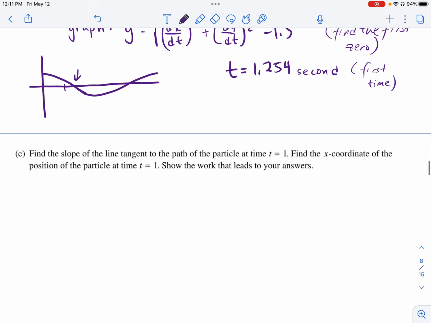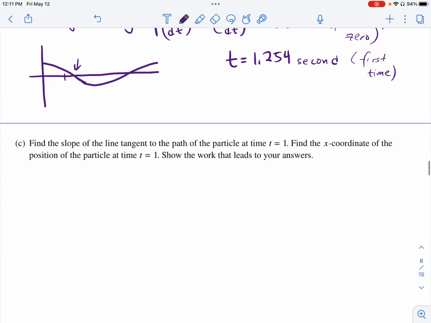All right, moving on to part C. Find the slope of the tangent line to the path of the particle at time t equals 1. Find the x-coordinate of the position of the particle at this time. Show the work that leads to your answers. Well, slope is equal to dy/dx, and we're going to evaluate this at t equals 1.